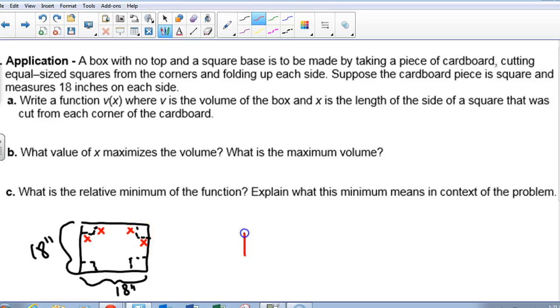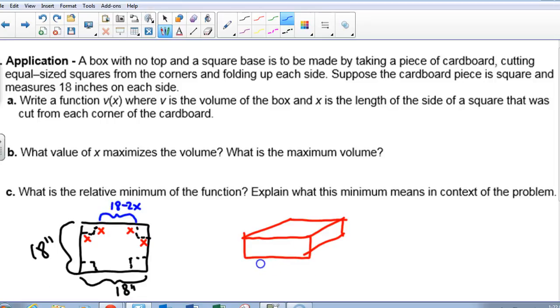Okay, when we go to fold this into a box, okay, not the worst box, but not the best. I need to know this dimension right in here. It started out as 18. I cut off an x on each corner, so it is 18 minus 2x.